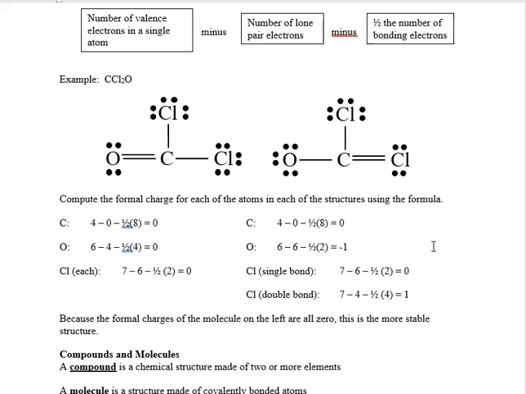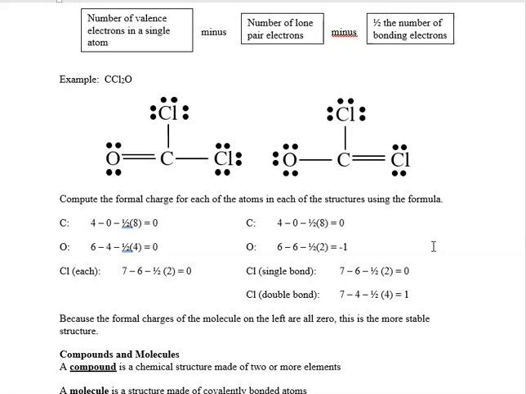Notice that one of them has a single bond with the carbon, and the other one has a double bond with the carbon. So let's do the one with a single bond. Chlorine has 7 valence electrons, 6 lone pair electrons in that chlorine that's up on the top, and then 2 bonding electrons, so you cut that in half, and that's 1. So it's 7 minus 6 minus 1 is 0.